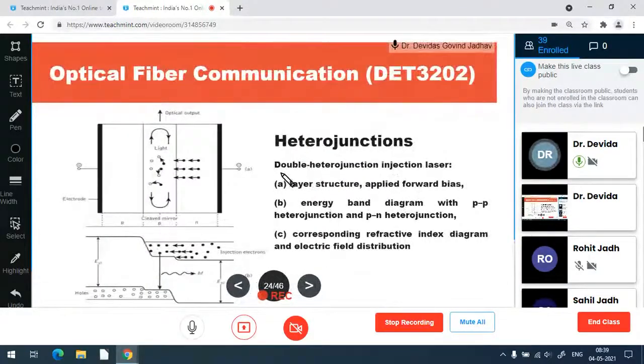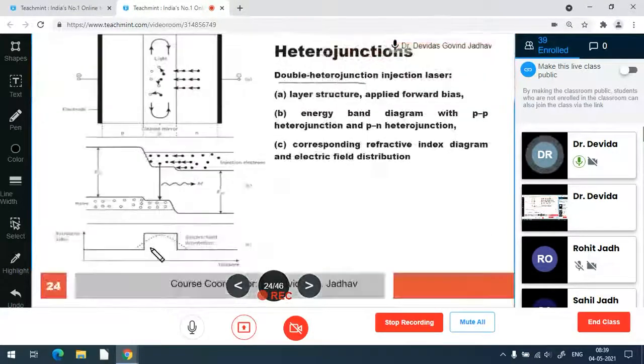So heterojunctions are there. The double heterojunction means the junction is made of different band gap energies. Each region will have different band gap energies, and the band gap energy of the side layers is made higher, and the sandwiched layer is made lower, so that the charged particles can only accumulate within the sandwiched layer.